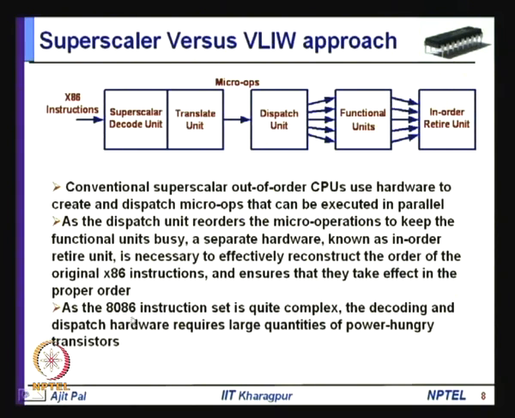So, as the x86 instruction set is quite complex, as I have told, the decoding and dispatch hardware requires large quantities of power hungry transistors. That means, the functional units obviously will occupy some area, but this part of the hardware will also require a very large portion of the processor.